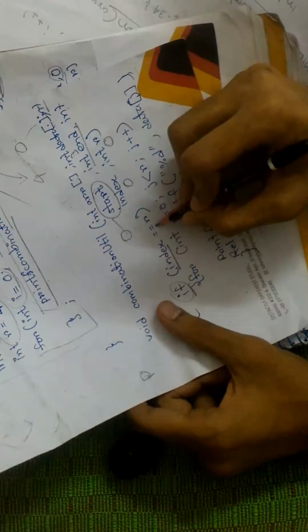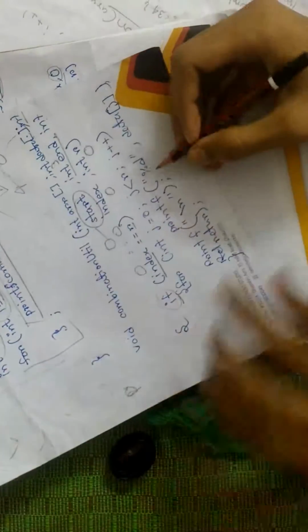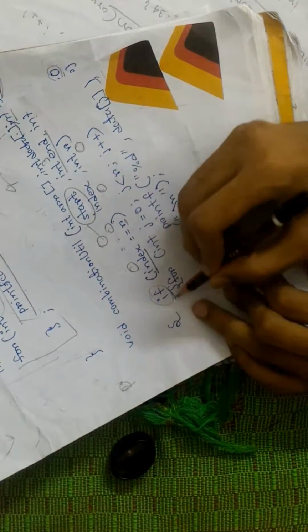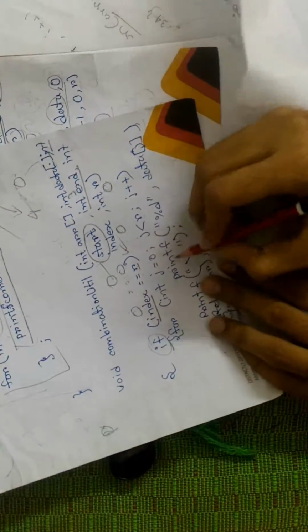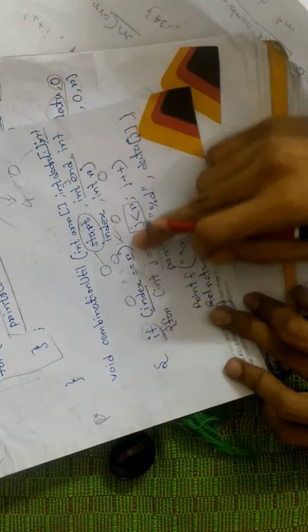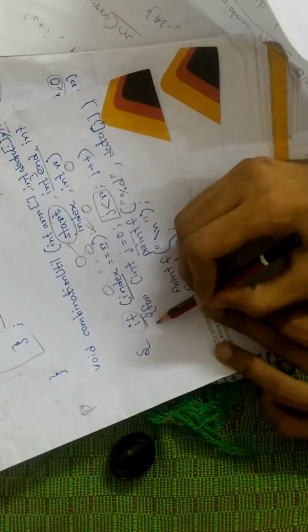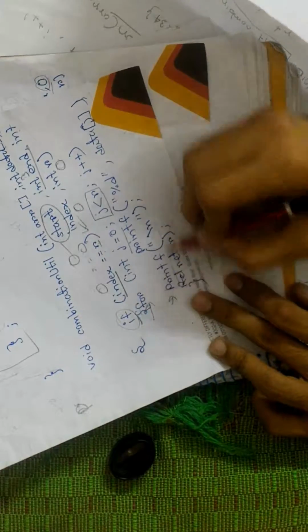Now if index equals r, as you can see, this condition is true. Now j equals 0, and this for condition is false. So the function will not go into this for loop, it will go to this printf function.